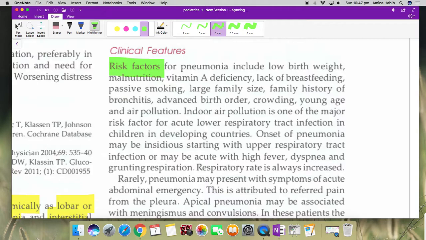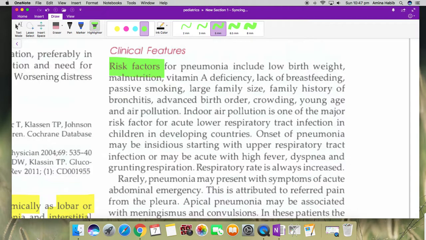Grunting may be present. Another thing is nasal flaring, that means flaring of the ala nasi. A third thing can be the retractions of the lower chest and intercostal spaces. Apart from that, signs of consolidation may be seen. So there are some very specific things like grunting, nasal flaring, and retraction, chest indrawing.